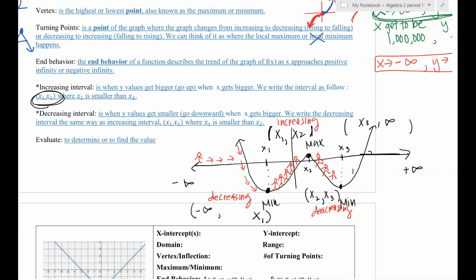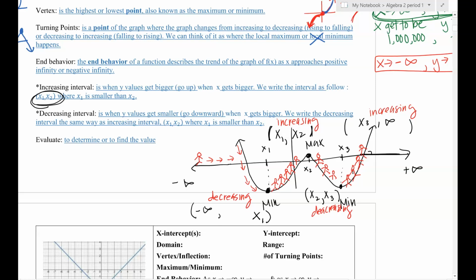Then you're on the last interval, from x3, comma, infinity. This one, you have to put more energy in to climb up, because the y value is going up. So this one, you are increasing. That's how we determine if it's an increasing interval or a decreasing interval.